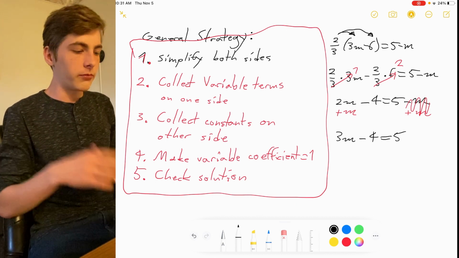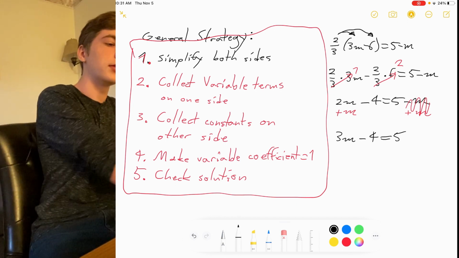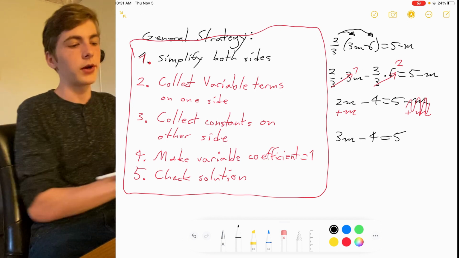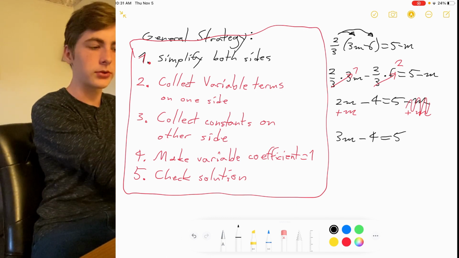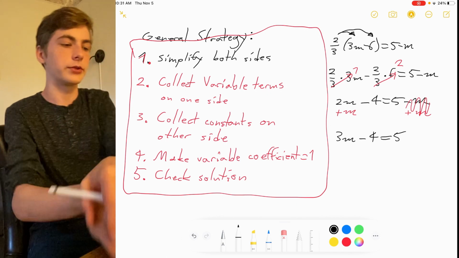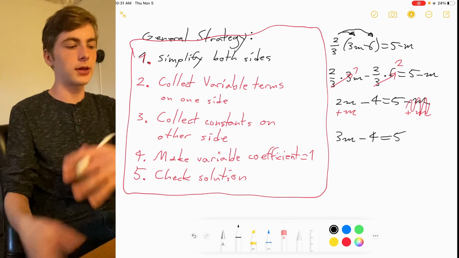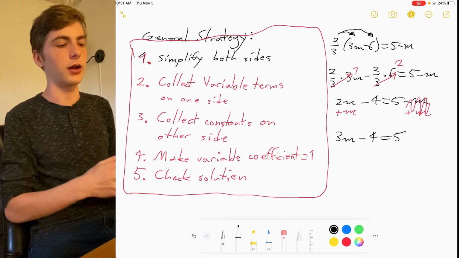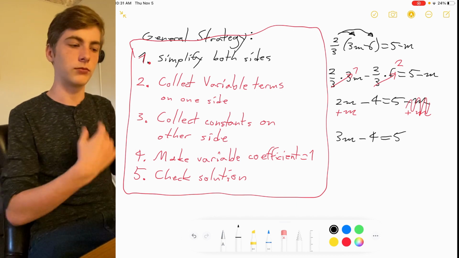But for me, I like to think of it more like I took it from over here and I moved it to the other side. And whenever I move a negative m from this side to that side, it's going to become positive, right? If I take a positive m and I move it to the other side, it's going to become negative. It's the same process, it's just a different way of thinking about it. I don't know if it'll help you, or if it doesn't help you, just do it the other way.